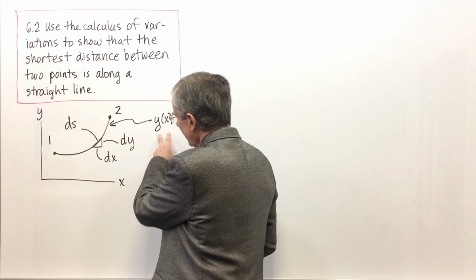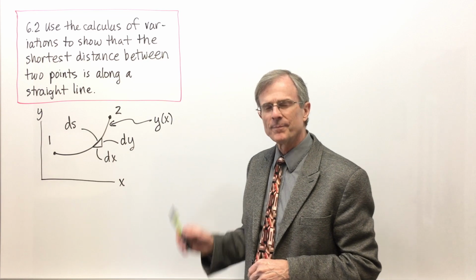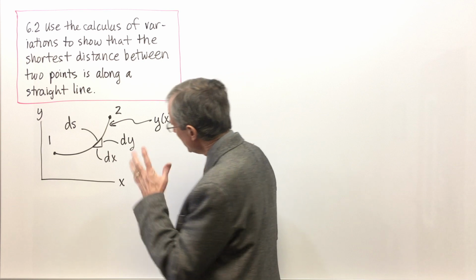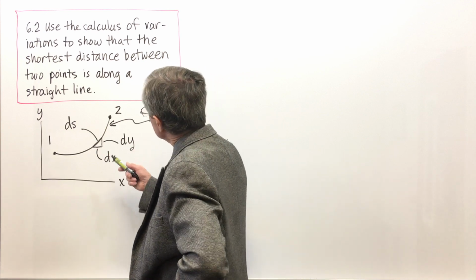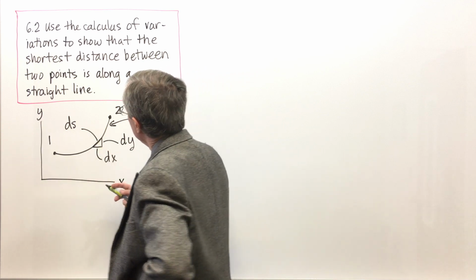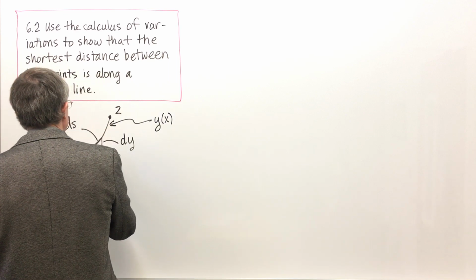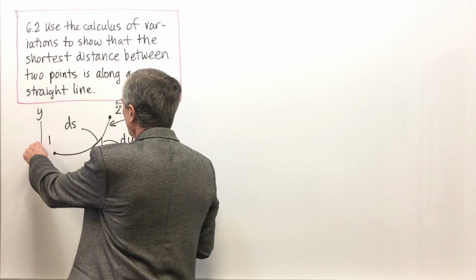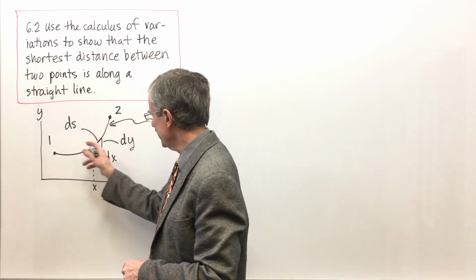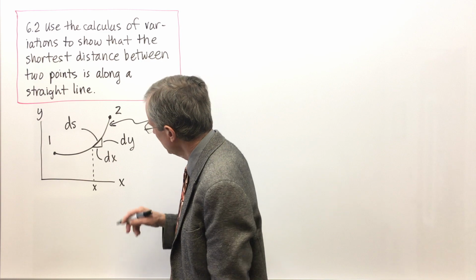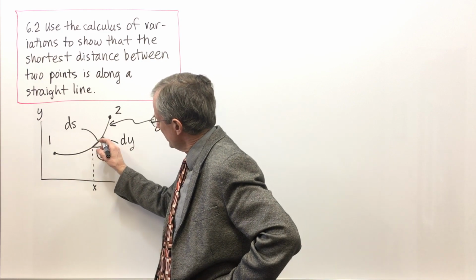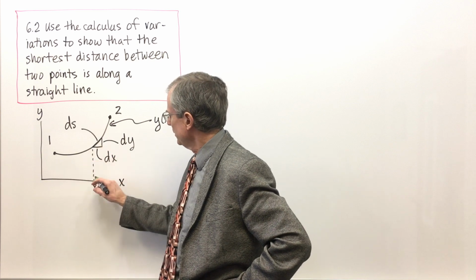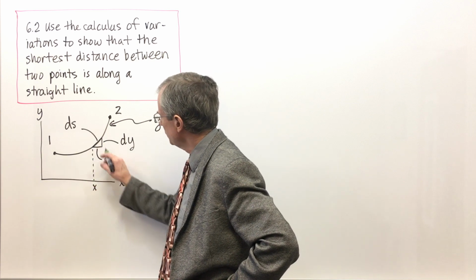And so now we're going to prove it. We're going to look at an arbitrary path y of x and show that that path must be a straight line. So how to do it? At one particular point x, this would be point y. Y is a function of x at this point. And I'm going to consider that little element of distance ds, between x and x plus dx.